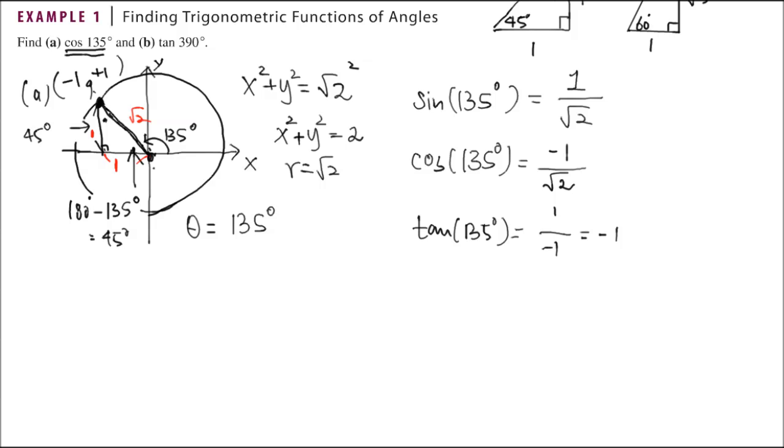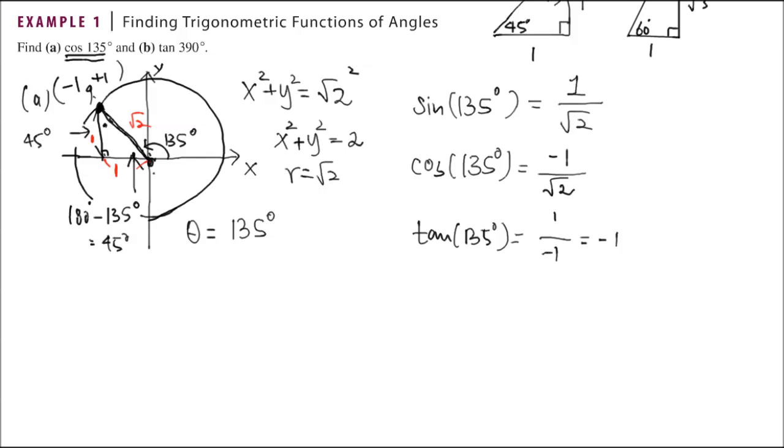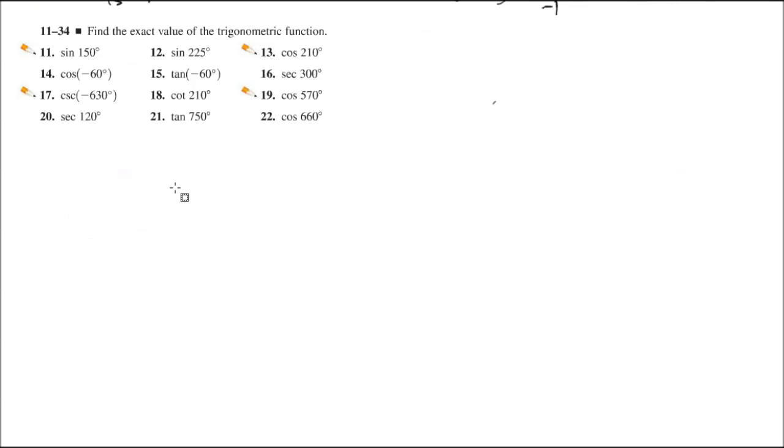Okay, let's practice. Any question? All right, these are the examples. Why don't we try something different? I think this number 12 looks good, and also secant 300 looks good as well. So we're going to do these two problems.